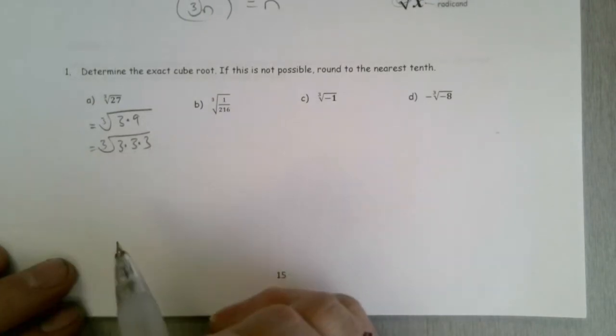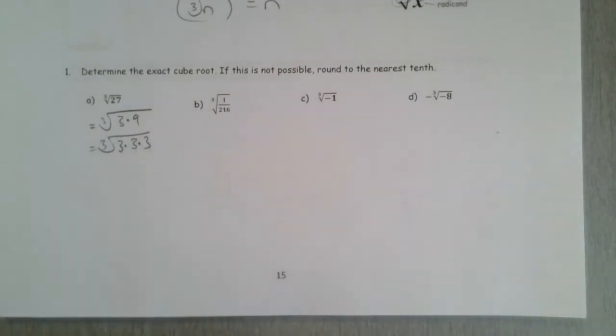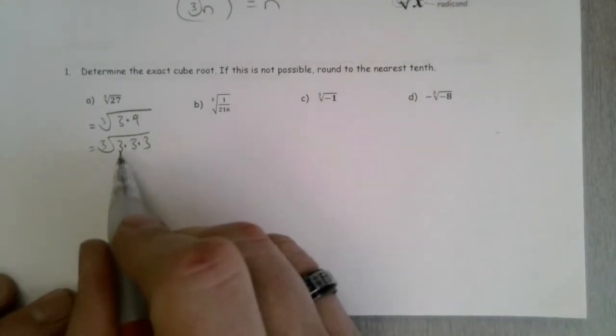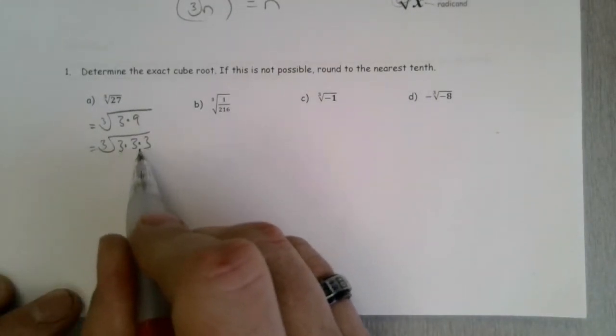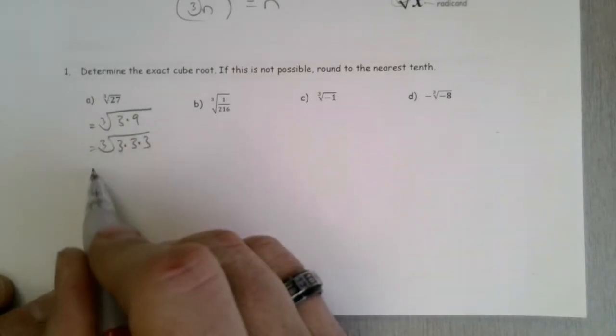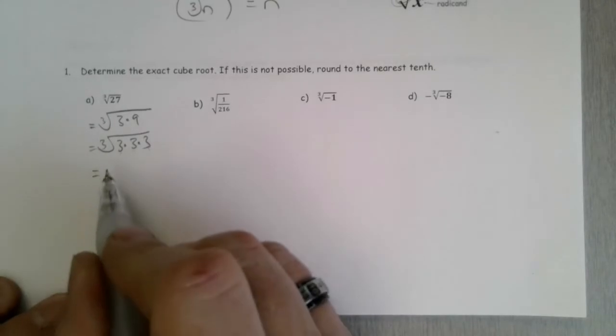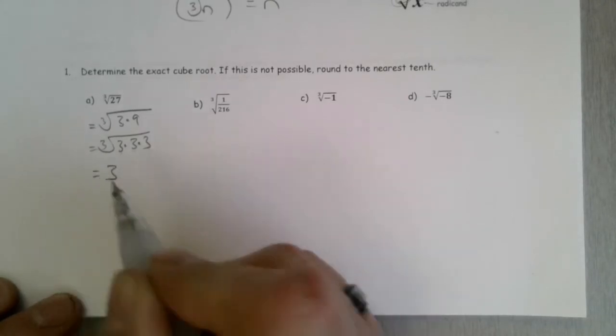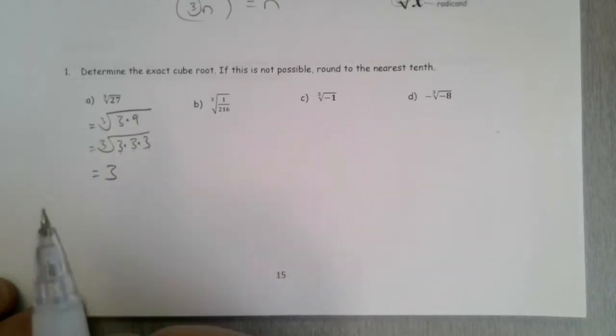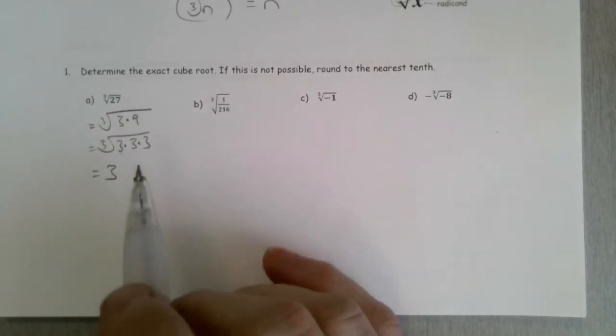Because I've got the same number as a factor 3 times, this must represent the length, the width, and the height. That's how I'm getting the volume. All 3 of those are the same, so the side length of my cube is just 3. So the cube root of 27 is 3.